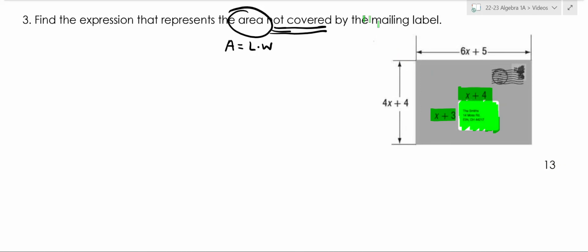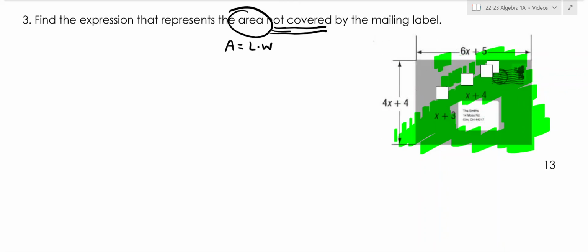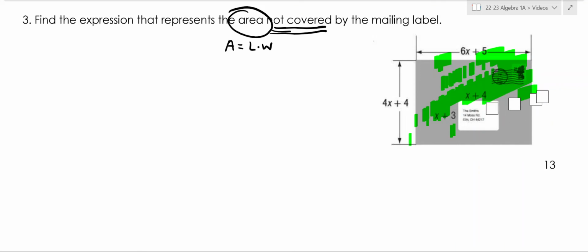But you'll notice that if we get the whole thing, and then subtract this area, look, we get the area of the envelope that is not covered by the mailing box. So this problem is actually a subtraction problem. We need to subtract out the area of the mailing label.